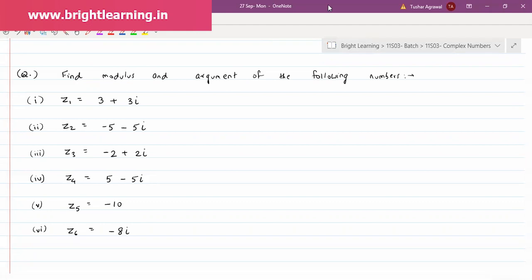Just write in the chat box when you are done, means whichever question. No need to write the answers. 1, 2, 3, 4, 5, 6. Yes, correct, Pujita. No need to write such a big statement. Just write 1, 2, 3, 4, whichever questions you are done. We will check together.